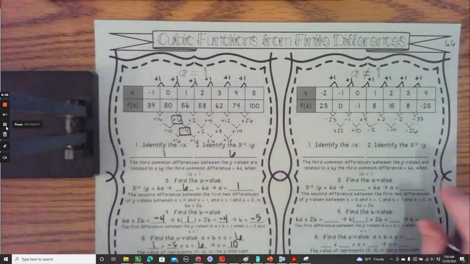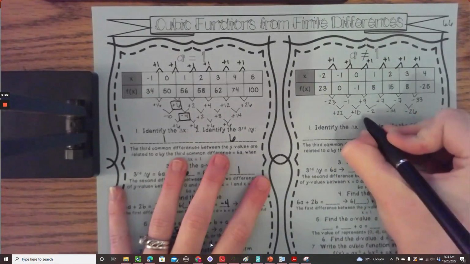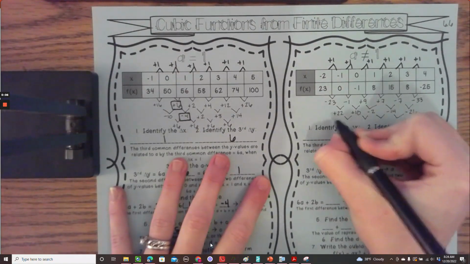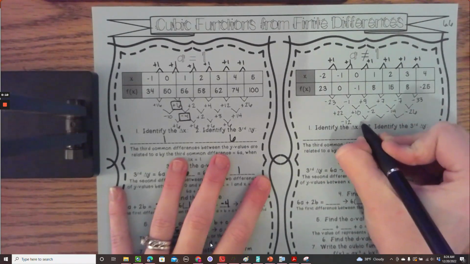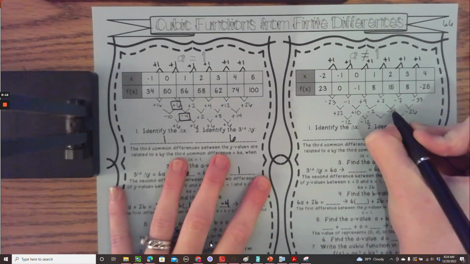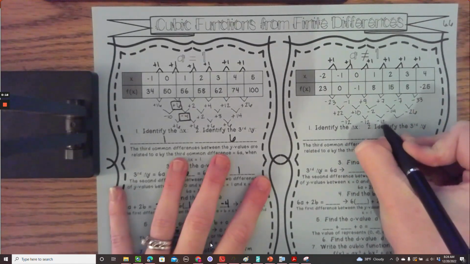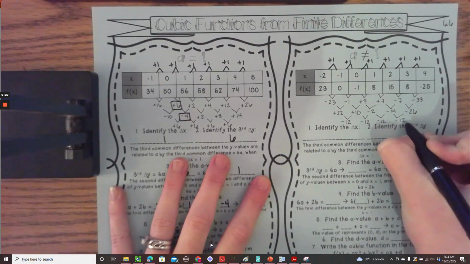And then now we're going to do our third change in y. Okay, so third change in y, again, remember you're going backwards. So 10 minus 22 is a negative 12. Negative 2 minus 10 is a negative 12. Negative 14 minus a negative 2 is a negative 12. And then negative 26 minus 14 is a negative 12.